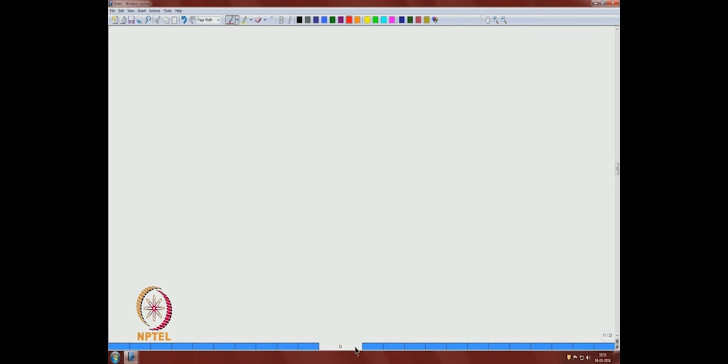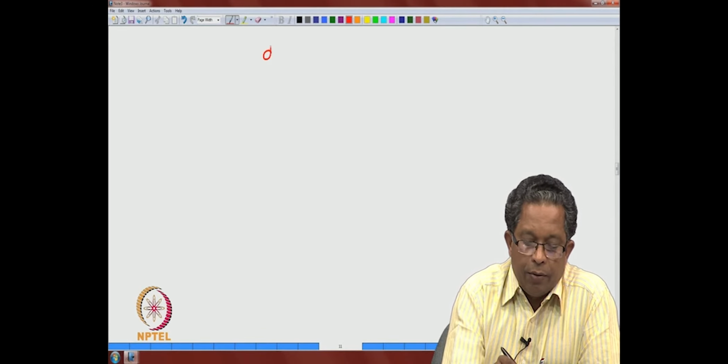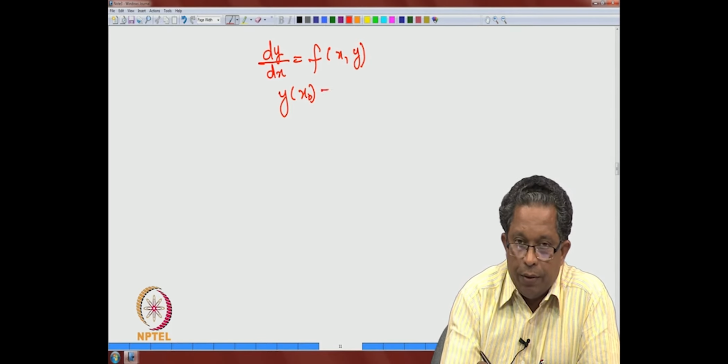Now, we look into the solution of a differential equation where it is defined. So, our equation is dy by dx is equal to f of x y, initial conditions y at x 0 is y 0.